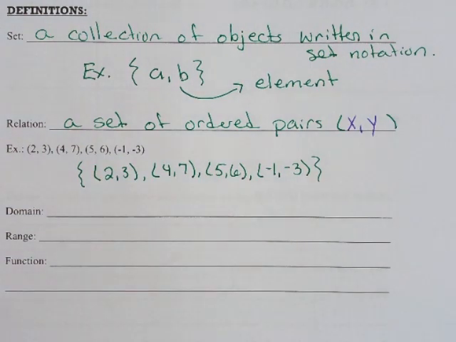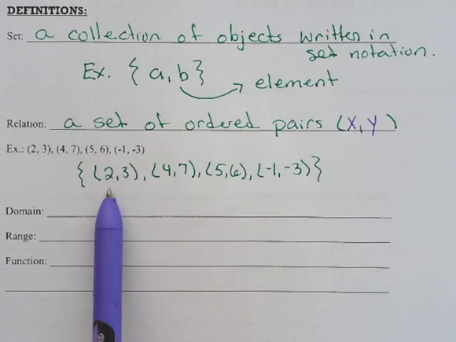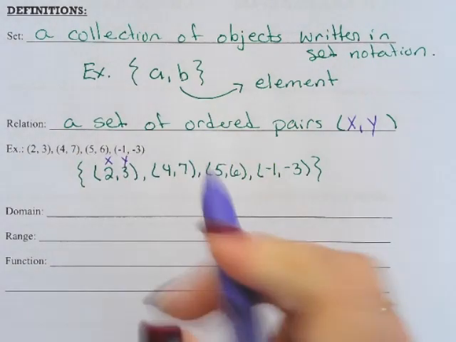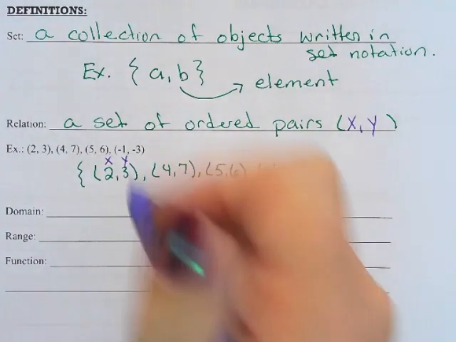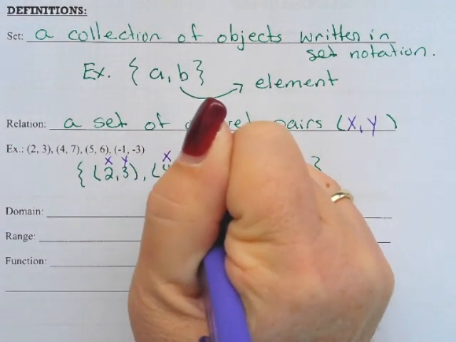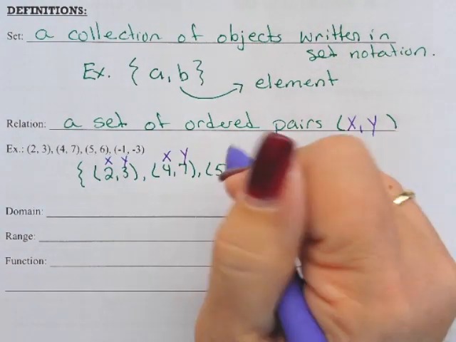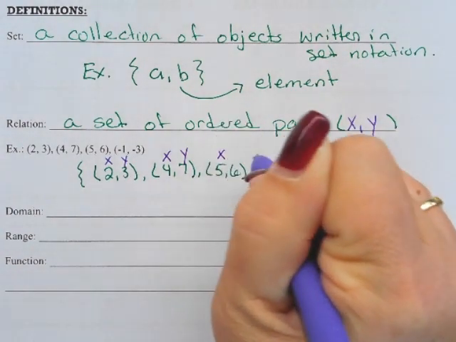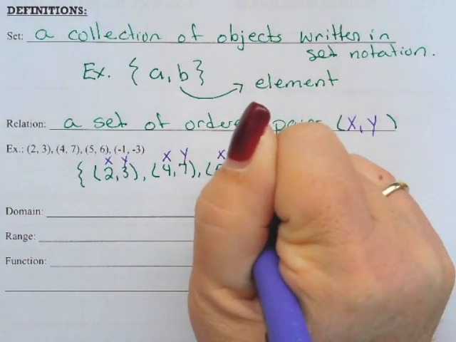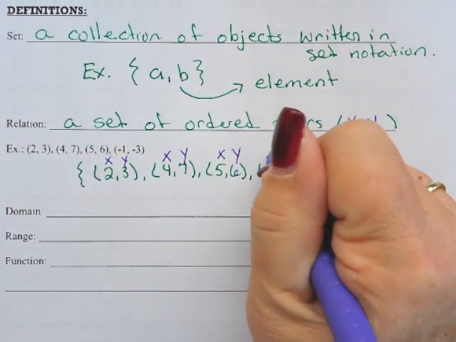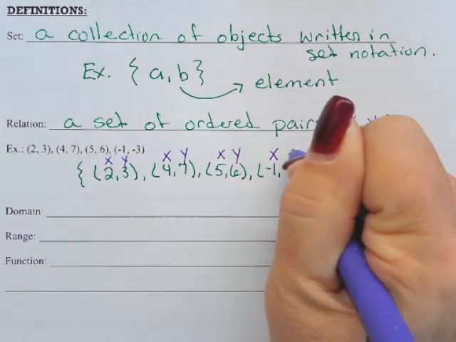Now, looking at 2, 3, what is my X? My Y? In the next one, what is my X? My Y? My next one? And my last one. Correct.